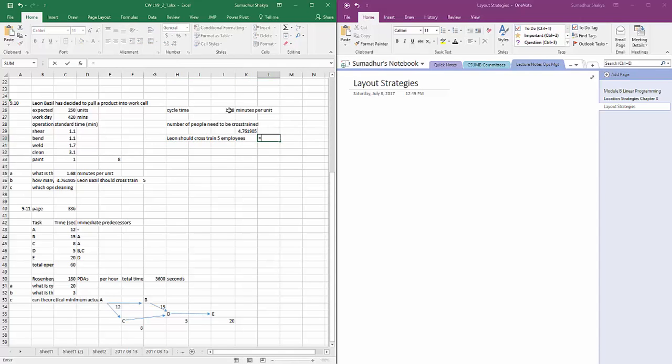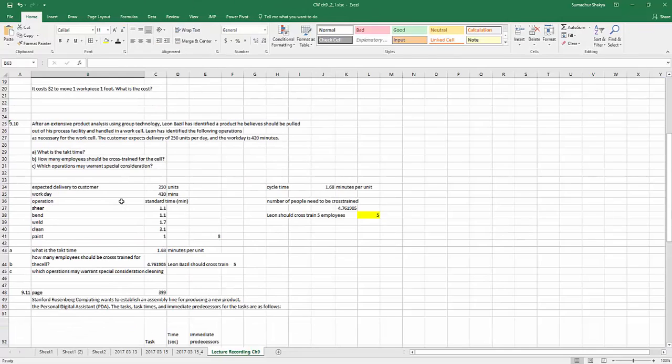However, in case you do want to round it up, then this is how you would do it. Theoretically you should cross-train 5 employees.